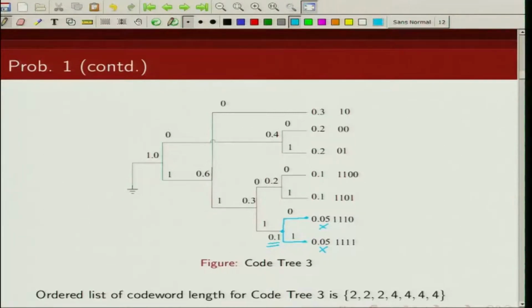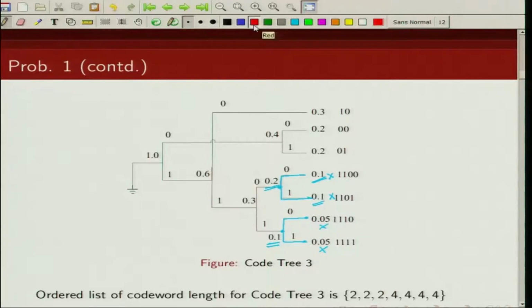Next we have this node with probability 0.1, this particular leaf with probability 0.1, and this node with probability 0.1. So we can combine any two of them. If we combine these two, we get a new node which has probability 0.2. We deactivate these nodes.